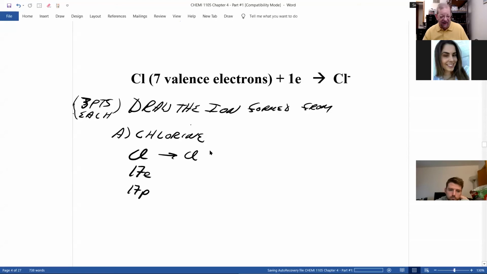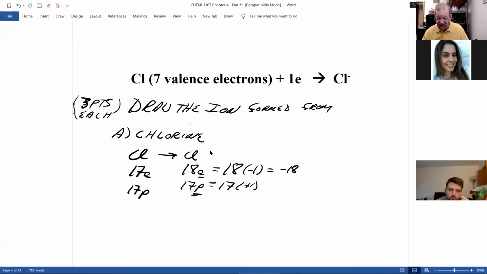So chlorine wants to get 18 electrons, but it will not lose or gain any protons. And now it's math time. What's the charge on an electron? -1. What about the 17 protons? What's the charge on a proton? +1. Do the math. Keep an eye on me.